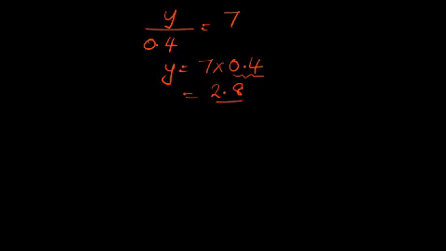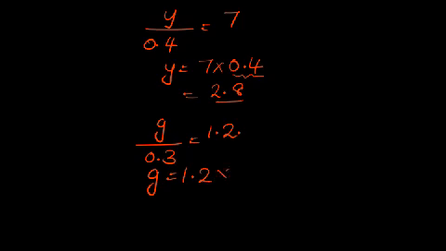We'll show one more example. If g divided by 0.3 is equal to 1.2. Okay, so how will you find g? G is equal to 1.2 times 0.3. So first multiply the numbers.